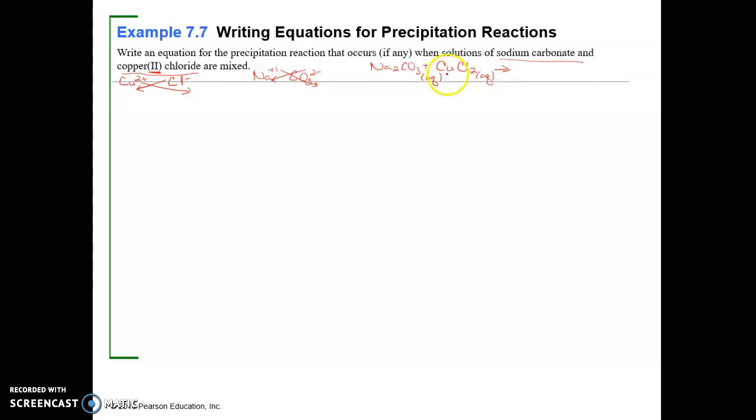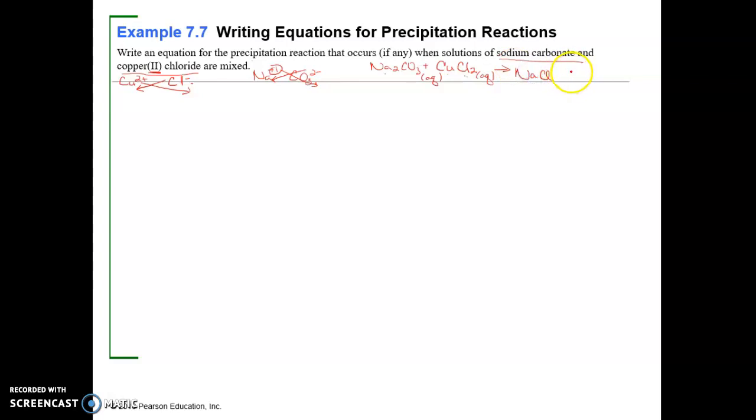So keep in mind that the cation of this one is going to go with the anion of this one and vice versa here. But I do need to look at the charges. So sodium I know is a +1 charge, and I know chlorine is a -1 charge. Okay, so those guys just go together. They're already equal but opposite. So it becomes NaCl.